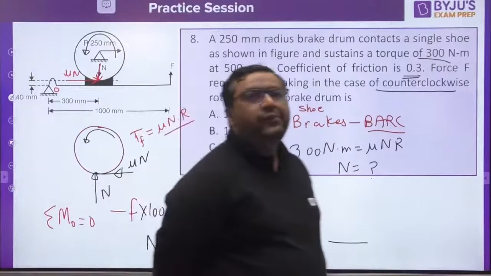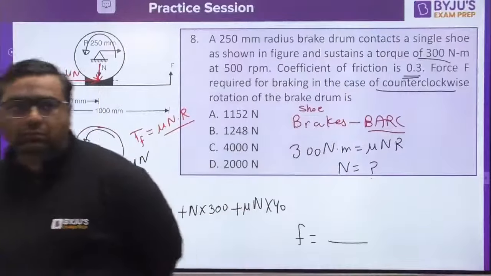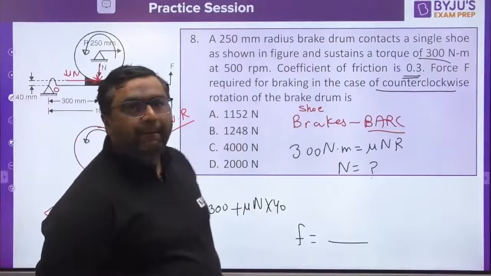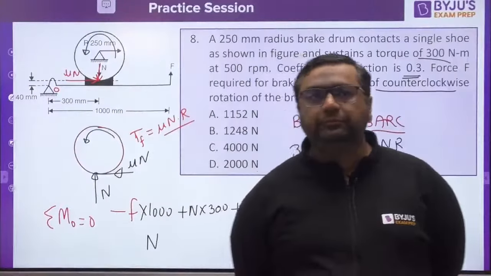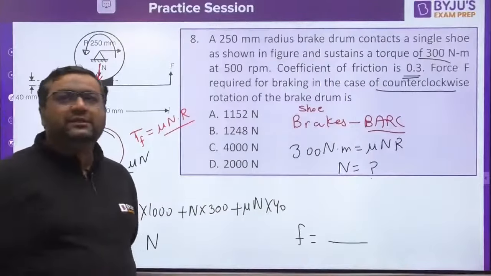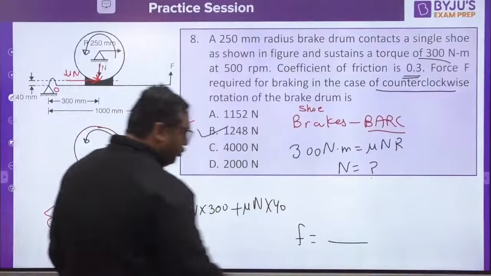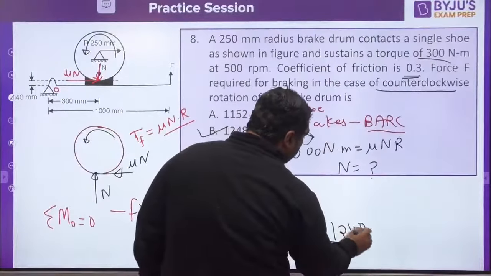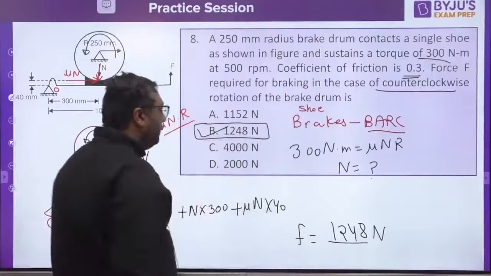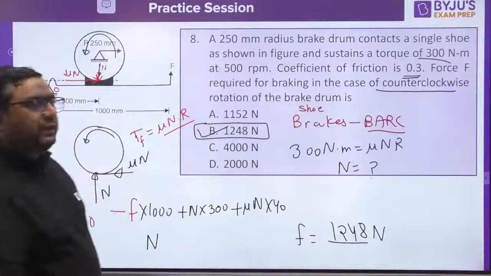Okay, Loga Vignesh is saying B, Captain Raj is saying B, and yes, the answer is B. So the answer would be coming out to be 1248 Newton. B is the correct one. 1248 Newton. Very good.